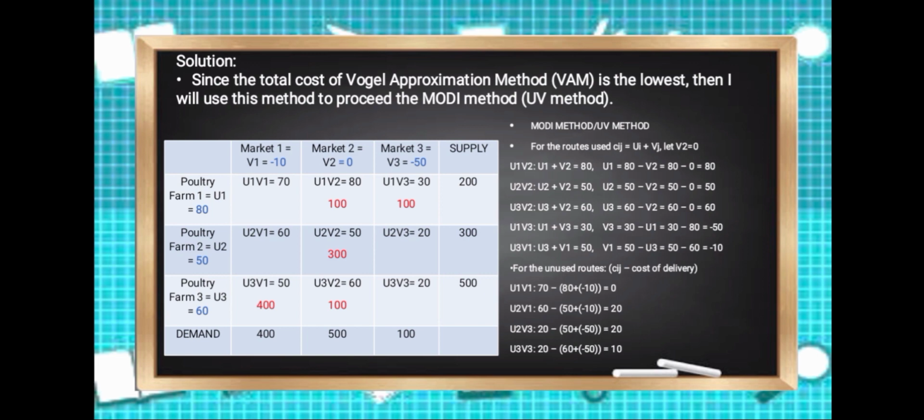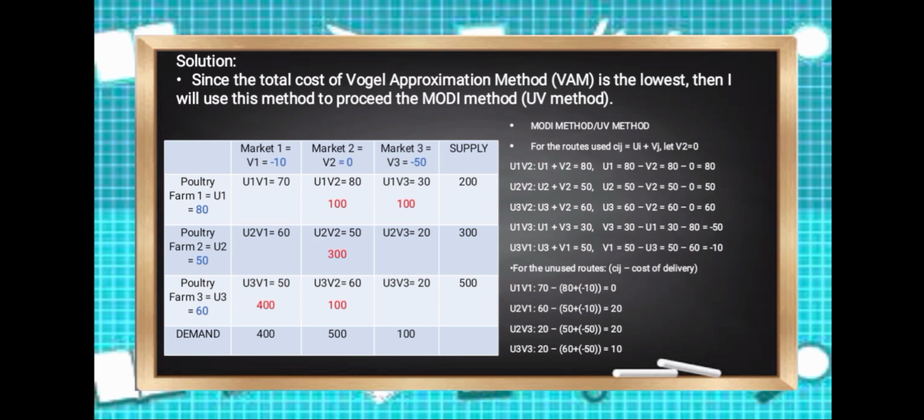U3 is equal to 60 minus V2, which is 0, so U3 is equal to 60. Then U1 V3 is equal to 30. Since we have the value of U1, which is 80, we find V3. V3 is equal to 30 minus U1, which is 80, so V3 is equal to negative 50.